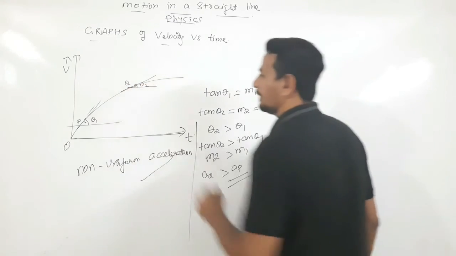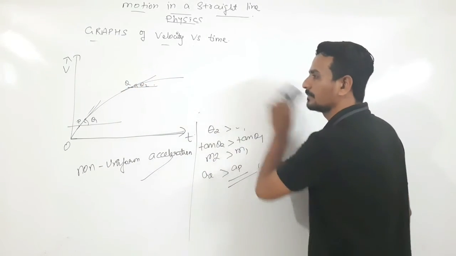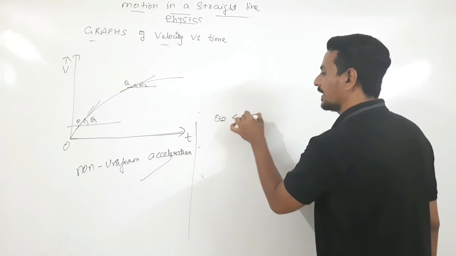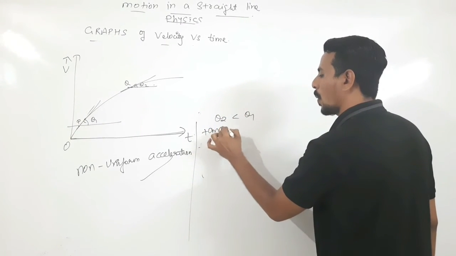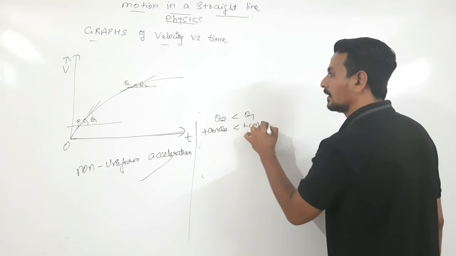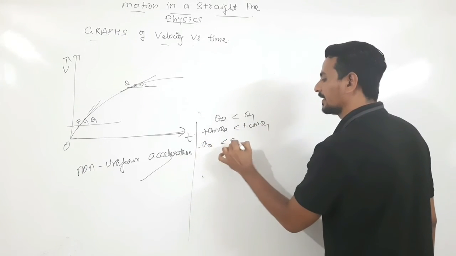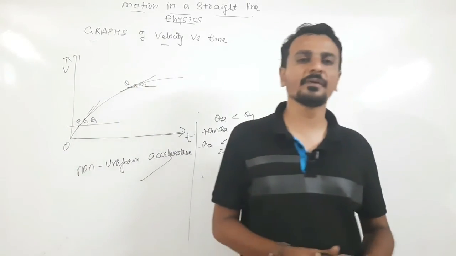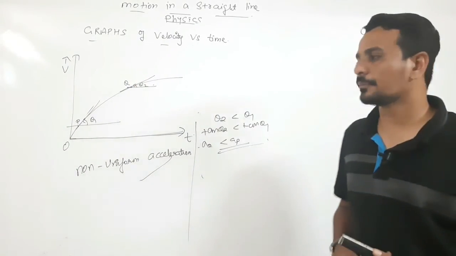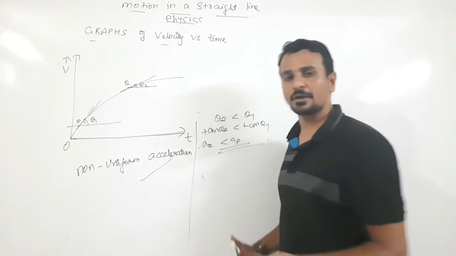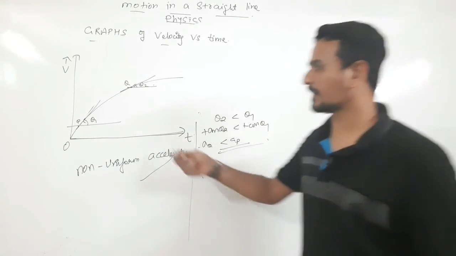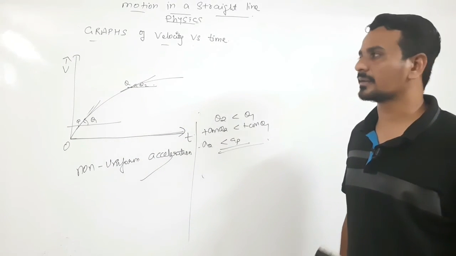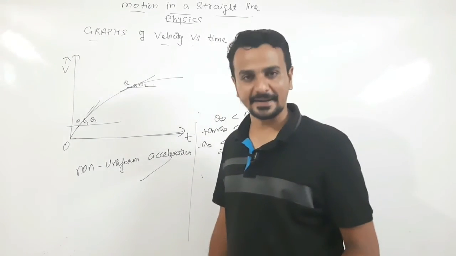So now in this graph theta 2 is less than theta 1, right? So when theta 2 is less than theta 1, tan theta 2 is less than tan theta 1. So acceleration at Q will be less than that at P. Right? So this kind of motion represents that the object is performing non-uniform accelerated motion, but in this case the acceleration of the body decreases. Clear? So these were the graphs of v by t.